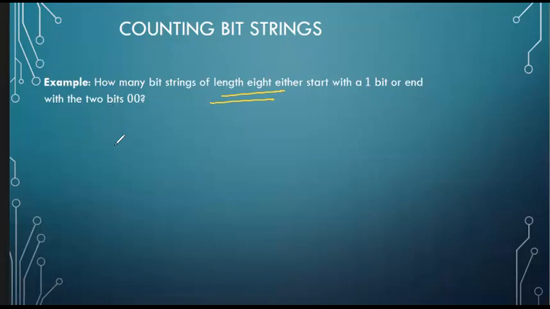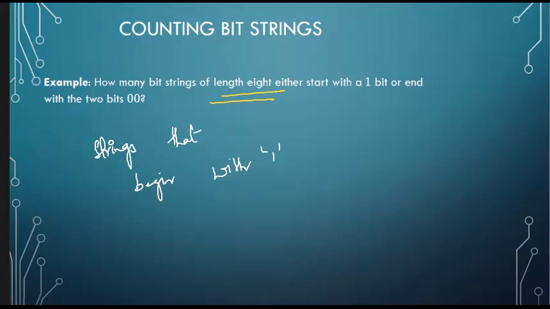So strings that begin with 1. This can be written in this way. If we want the string to begin with 1, let's assign it position 1. How many ways can we fill it? Only one way.